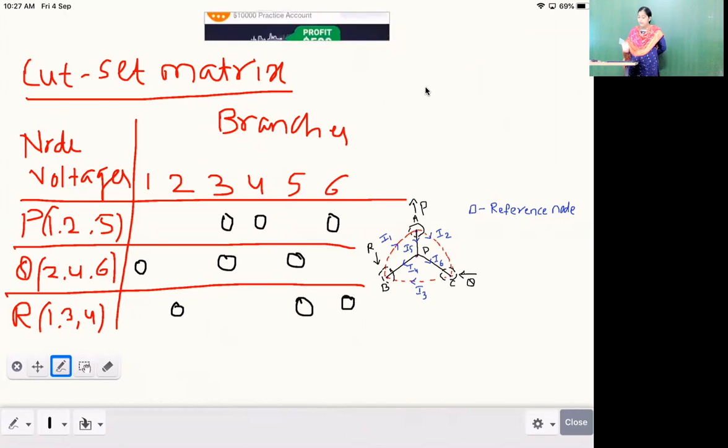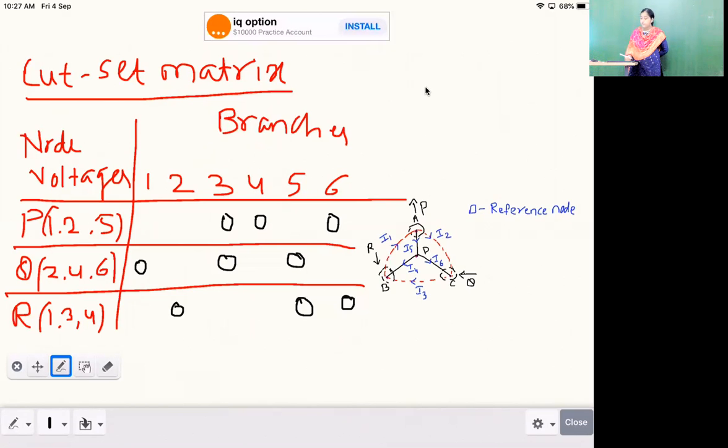Now how to fill the remaining? For that I have to see the reference, the node direction. If you see for P, the current direction is leaving the node. Therefore, in order to fill this, we have only two options: one is +1, another is -1. You have to see the direction of the node current.